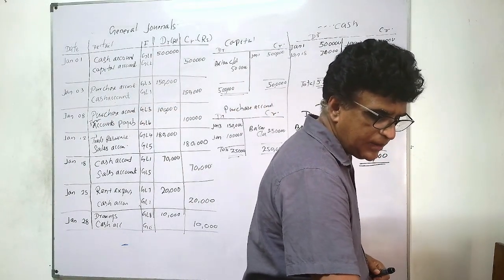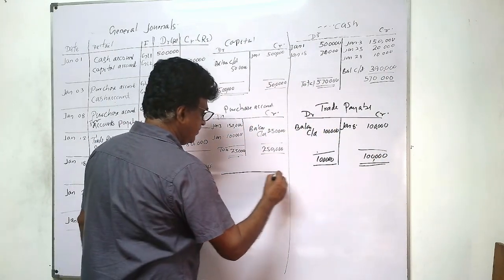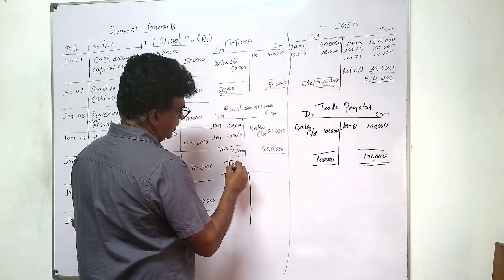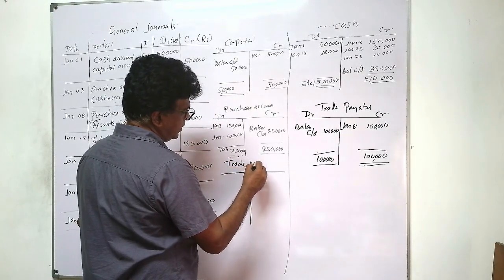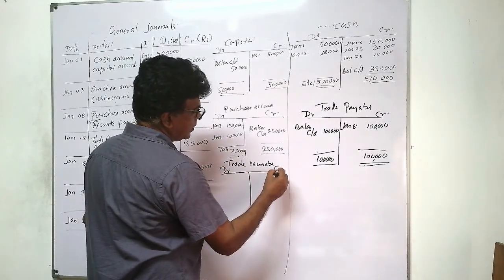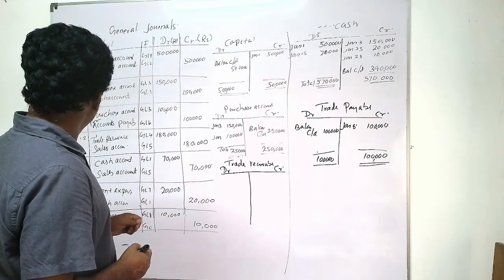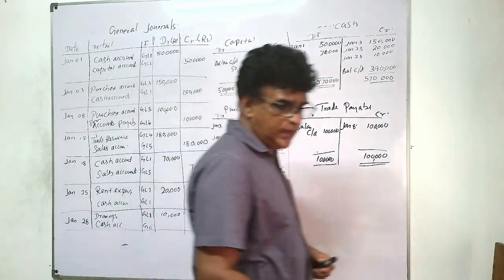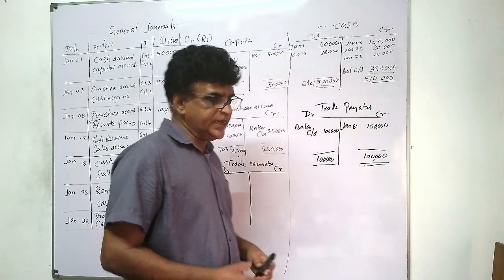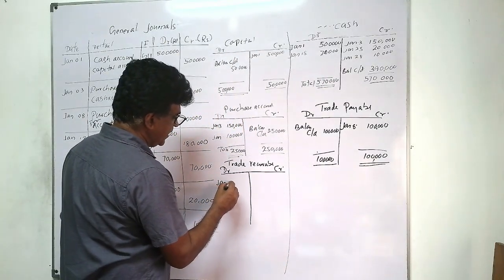Then trade receivable account. In the receivable account, we have a 180,000 transaction on January 12th.